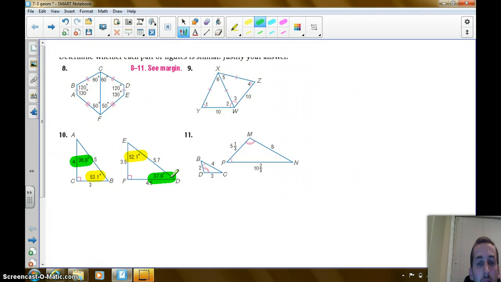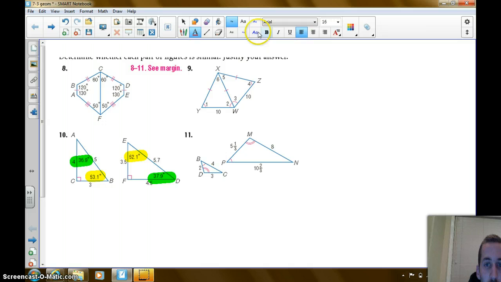Number 11 is when they really are kind of checking you and just making sure you're doing your work. But we said in class yesterday that what you can do is put all of one shape on top. So we can do 2, 4, and 3, and those should compare to your other shape.